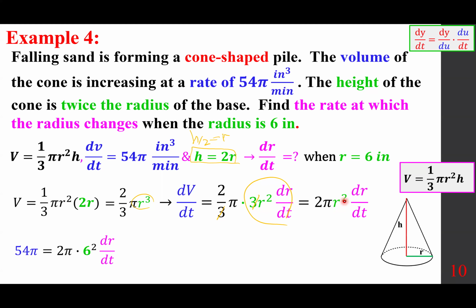Now, of course, this is 54 pi, this is 36 times 2 pi, which is 72 pi. And divide both sides by 72 pi. Divide this one by 72 pi, it goes away.